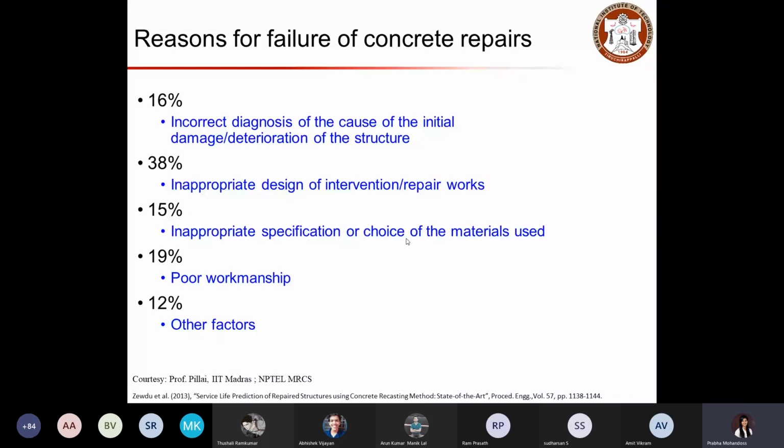At the same time, you need to choose the right material for the required construction. The choice of material plays a huge role in meeting the performance of your structure. If you choose inappropriate material, or if you follow inappropriate specifications, then that will lead to failure of your concrete. And then poor workmanship.